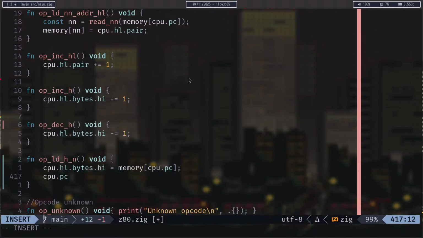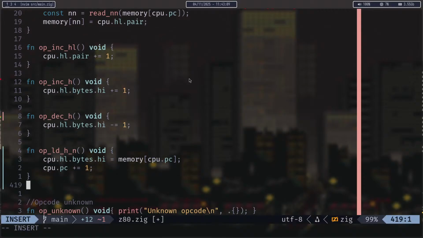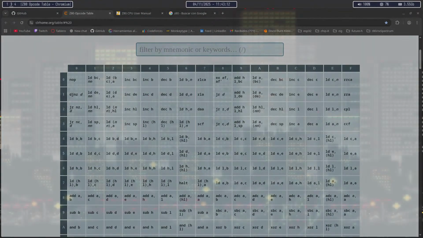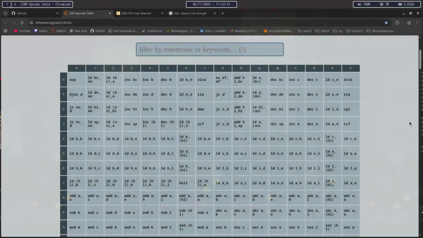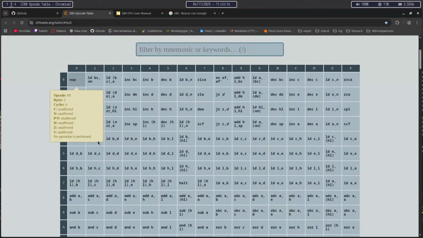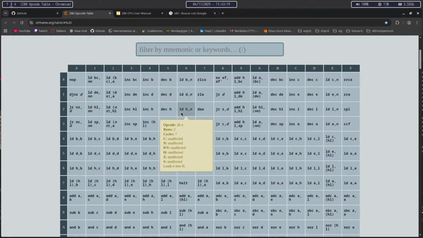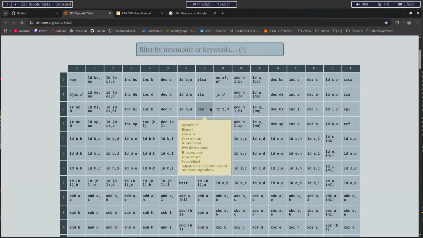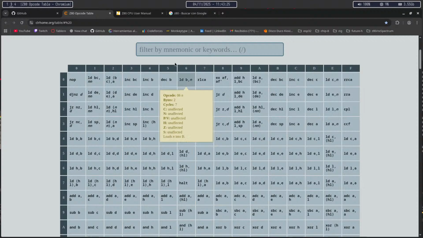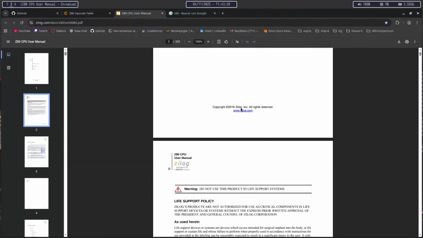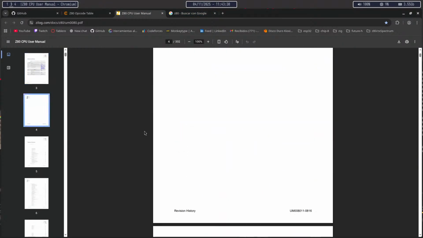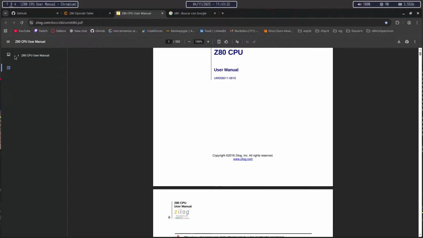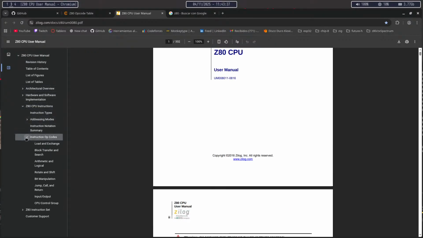I have so many cables here, okay. Well, what is this? Adjusts A for BCD addition and subtraction operations. Wow. I've never heard of this instruction before. Addressing modes, instruction opcodes.